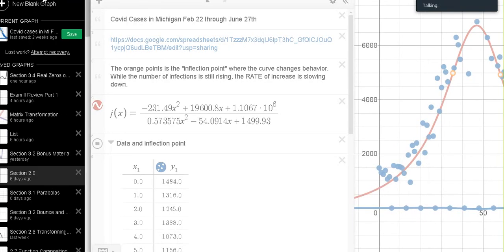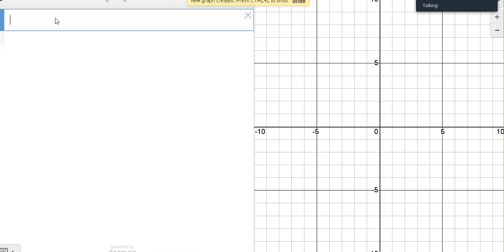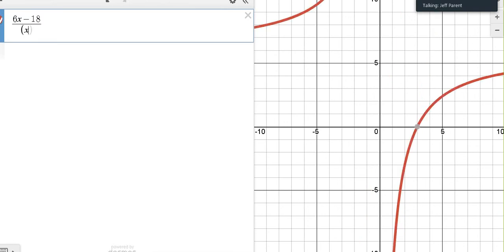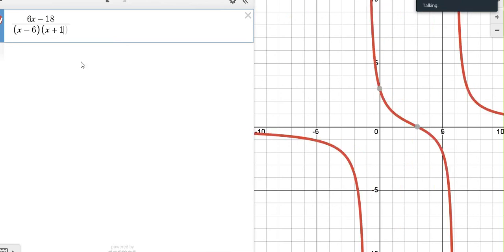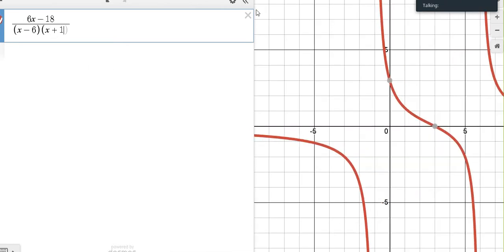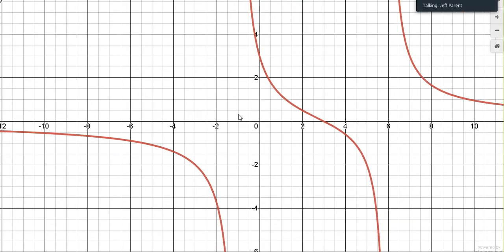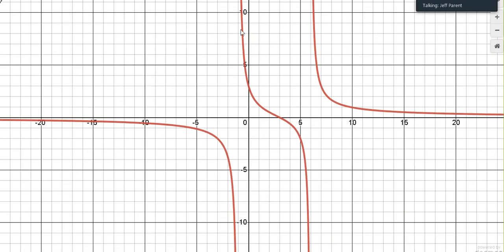New graph. Come on, new graph. 6x minus 18 divided by x minus 6, x plus 1. Oh, how about that? So because of this little thing here, the range is actually everything.